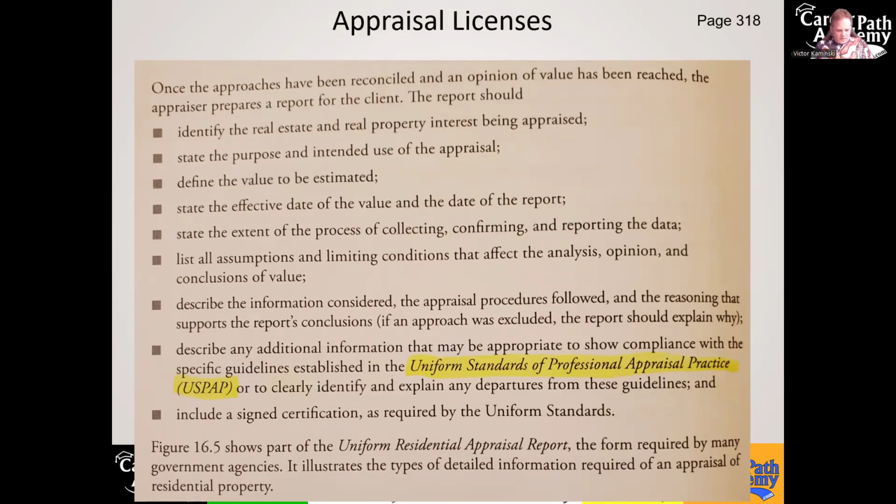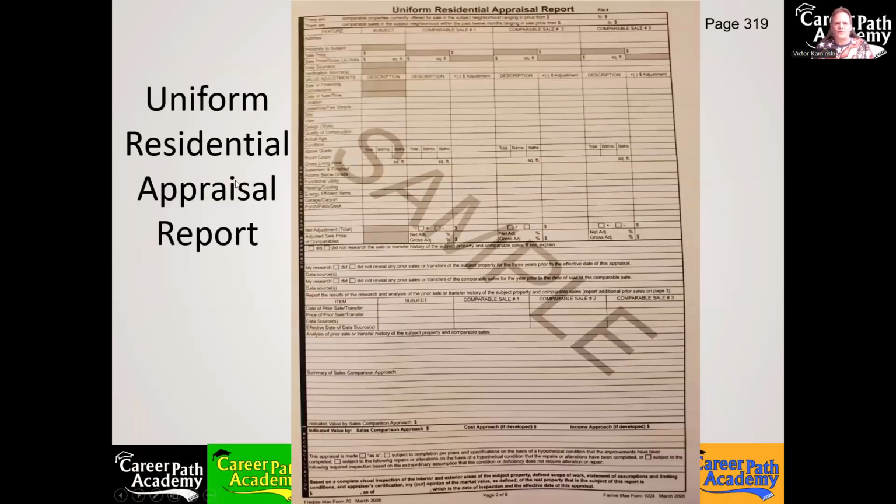Got it. Okay, and on the next page, 319, you could see a sample of this Uniform Residential Appraisal Report. It looks kind of like that CMA that we were doing earlier, right? Where we had the subject property and all the details of the subject property you've got to lay out here. And then you've got to have at least 3 comparable sales properties, and we make the adjustments for the differences.